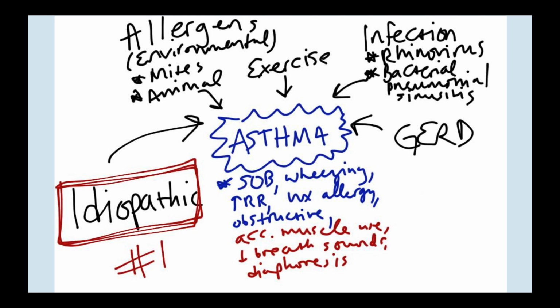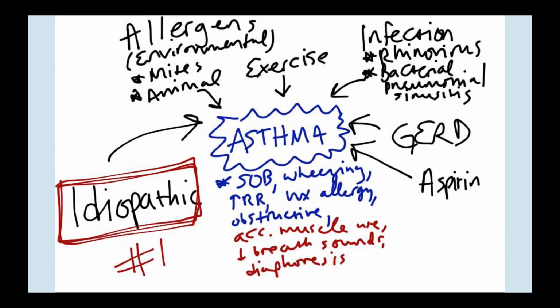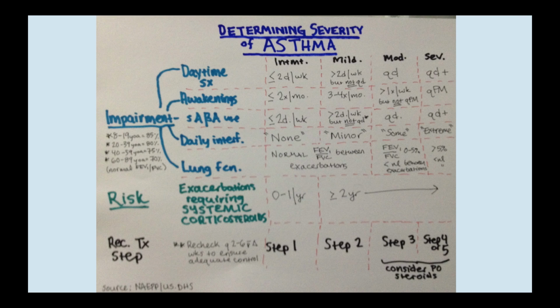So if you have reflux, it comes up the esophagus, a little bit of it goes down into the trachea, gets into the bronchioles, you can get hyperreactivity that way. And then aspirin. I don't know why, but aspirin can worsen asthma, so that's a good thing to know. It probably has something to do with the leukotrienes and all that stuff that asthma plays around with, but you don't need to know the details about that.